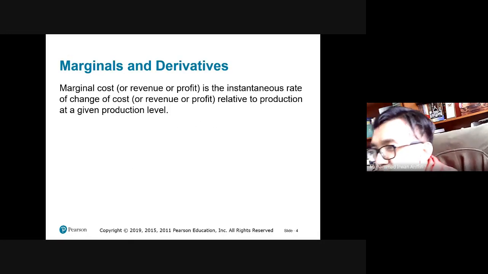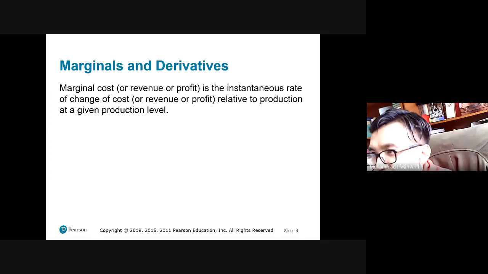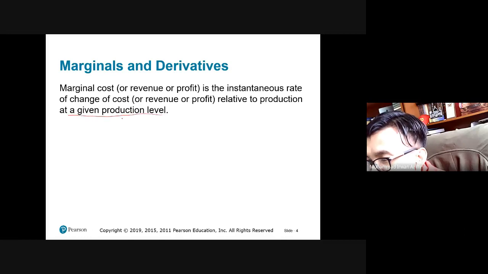So what is the relationship between marginals and derivatives? Take, for instance, marginal cost. It is interpreted as the instantaneous rate of change of cost relative to production at a given production level. Take note of this term. At any given production level, we need a specific value of x, because marginal cost may not necessarily be constant.